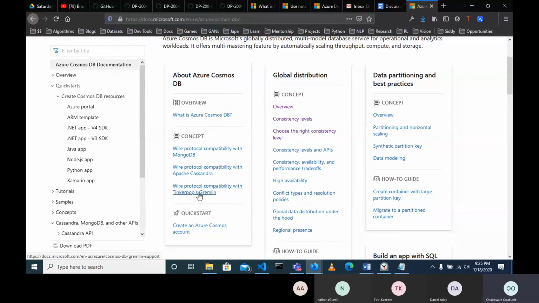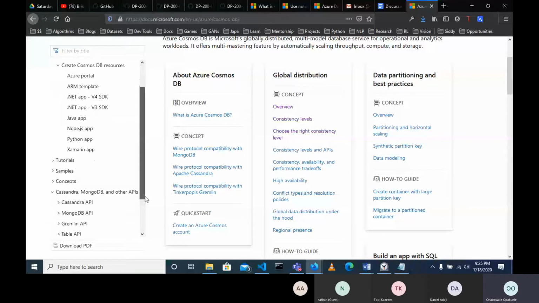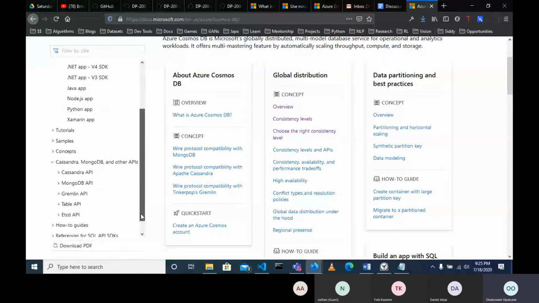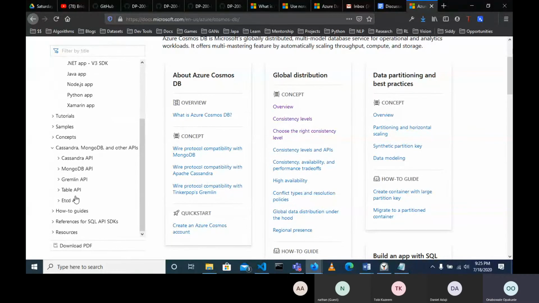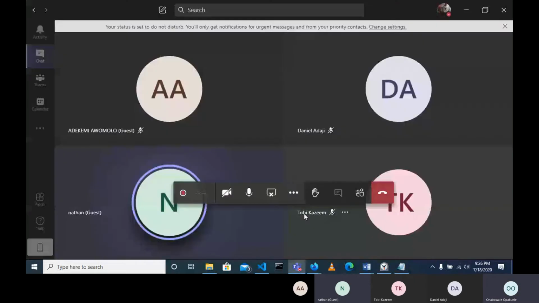What am I saying? MongoDB. Yeah. Sorry. So it's MongoDB API, not SQL, because it's unstructured data, right?